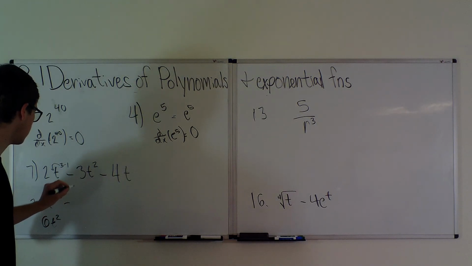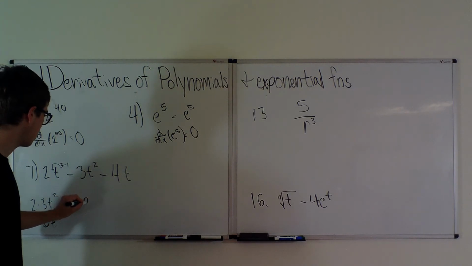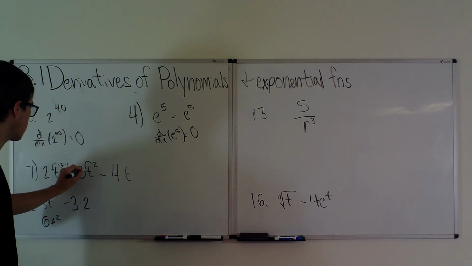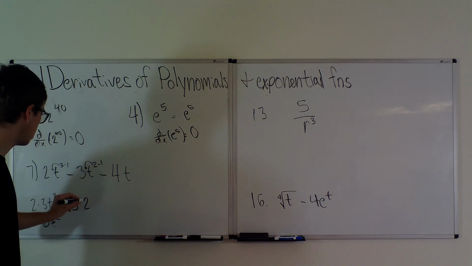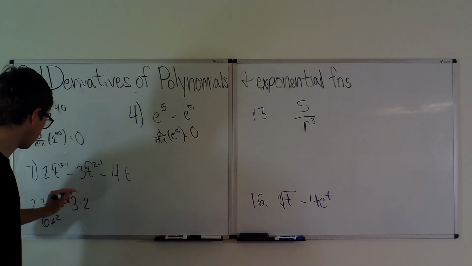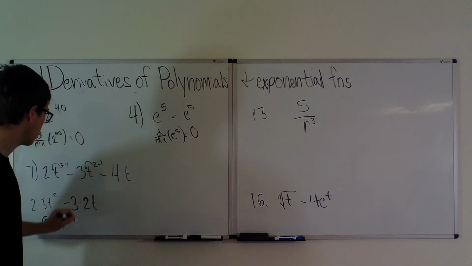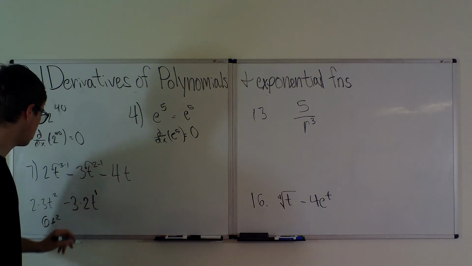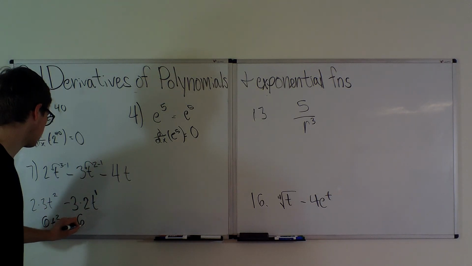And then you have minus 3 times 2, this 2 comes in front, and then t to the 2 minus 1, and 2 minus 1 is 1, which is minus 6t.